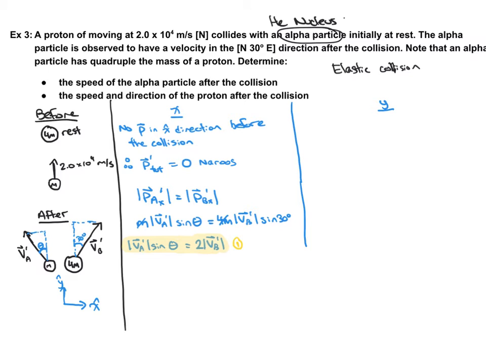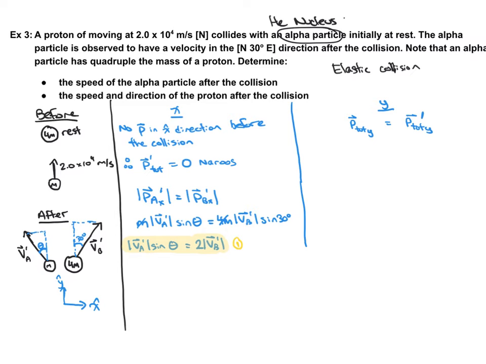That proton is going north. So I'll say that the momentum total in the y direction before has to equal the momentum total in the y direction after the collision.